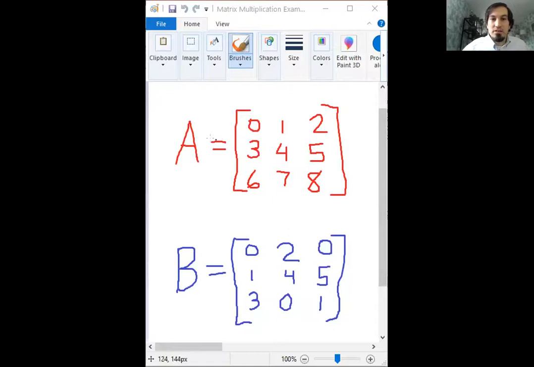Here's the problem. Can you see it now? You should see A in red and B in blue. I don't know what else you're seeing on your screen. Are you only seeing A and B? These two 3x3 matrices?